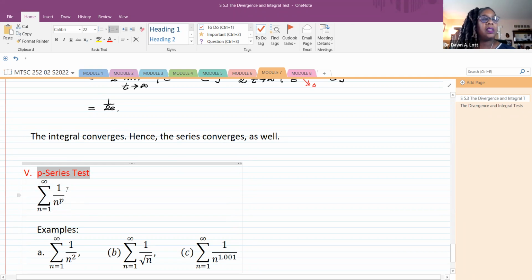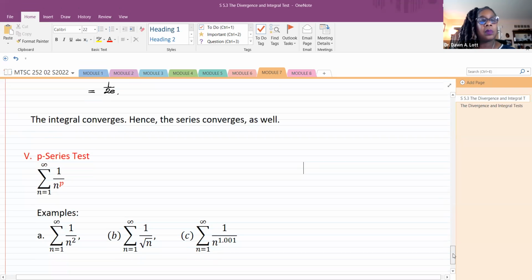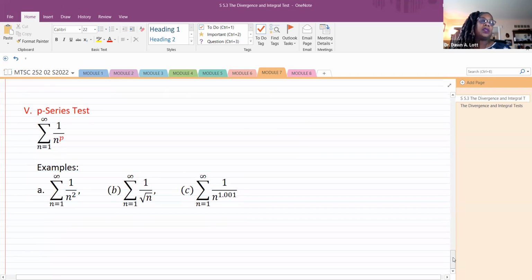So it is the summation of 1 over n to the p. Okay, so now in this test, for these examples, can somebody tell me what is p?